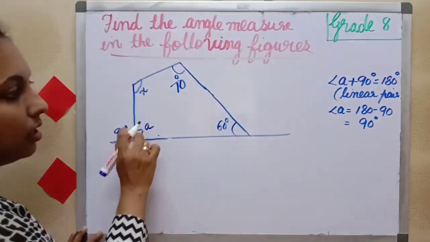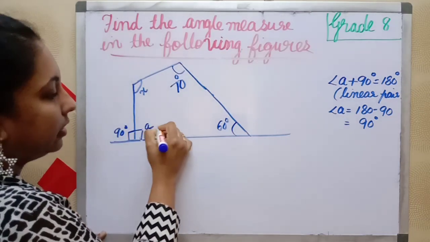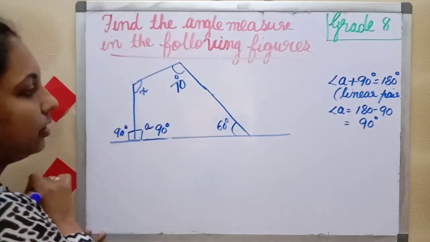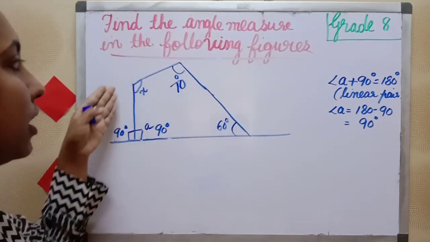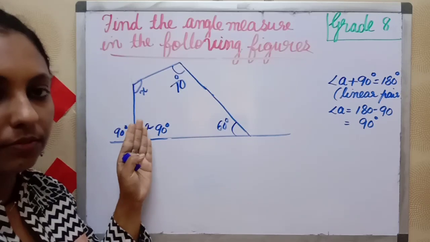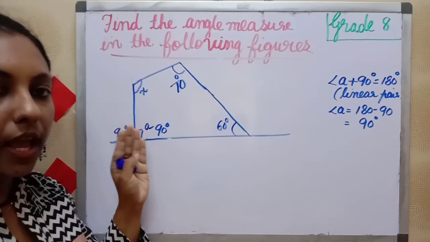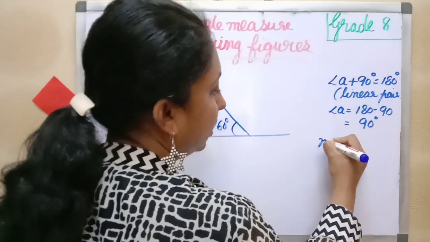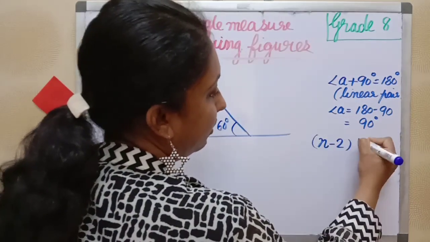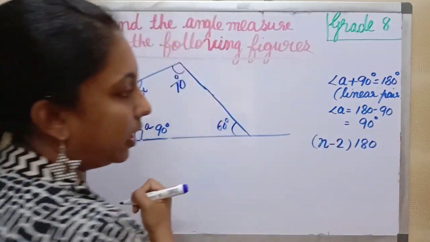So we got the value of A, 90 degrees. Now we have to find the sum of the interior angles of the quadrilateral. We have the equation: the sum of the interior angles is (n minus 2) into 180.